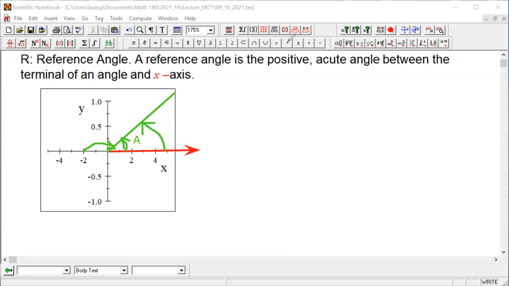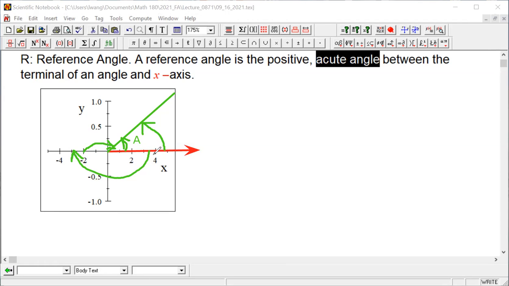But a reference angle is the positive acute angle. So if I'm measuring this way, that becomes a negative angle, right? No, we don't want that. We have three angles here. Which one do you think is positive?